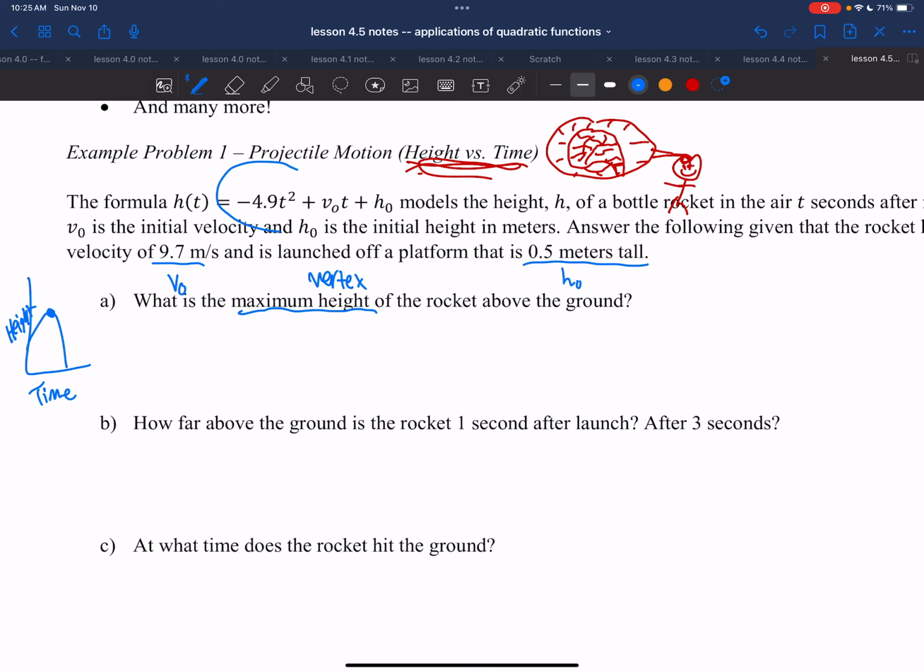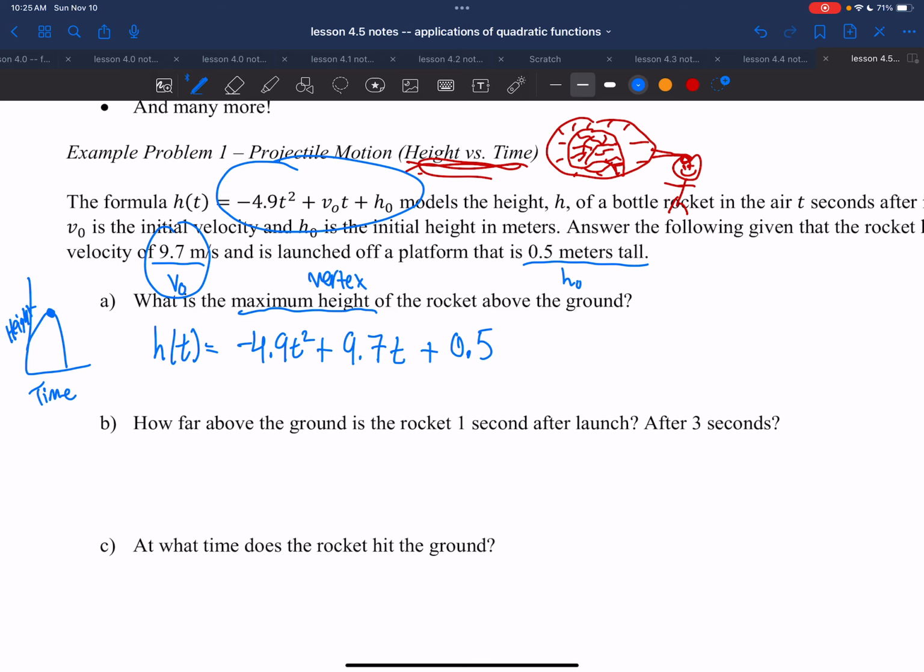Well, it's given right here. Look, h of t is negative 4.9 t squared plus v naught times t, but we labeled v naught as 9.7, so I'm just going to put that right there, plus, and then h naught is 0.5. Hooray! So this is my standard form equation, and from this, I need to find the vertex.